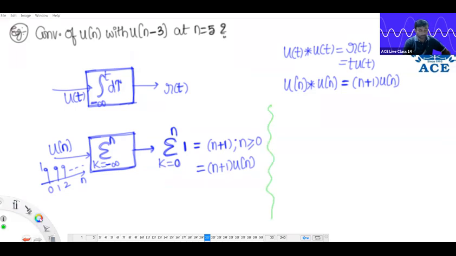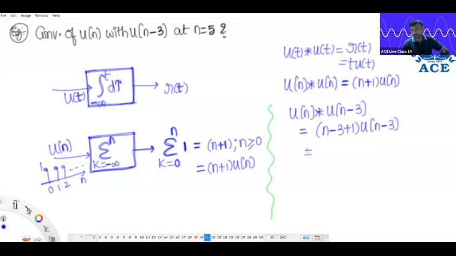What is the given question now? u of n convolved with u of n minus 3. So it is n minus 3 plus 1 times u of n minus 3. Directly the output is shifted by 3 samples, which is n minus 2 times u of n minus 3.